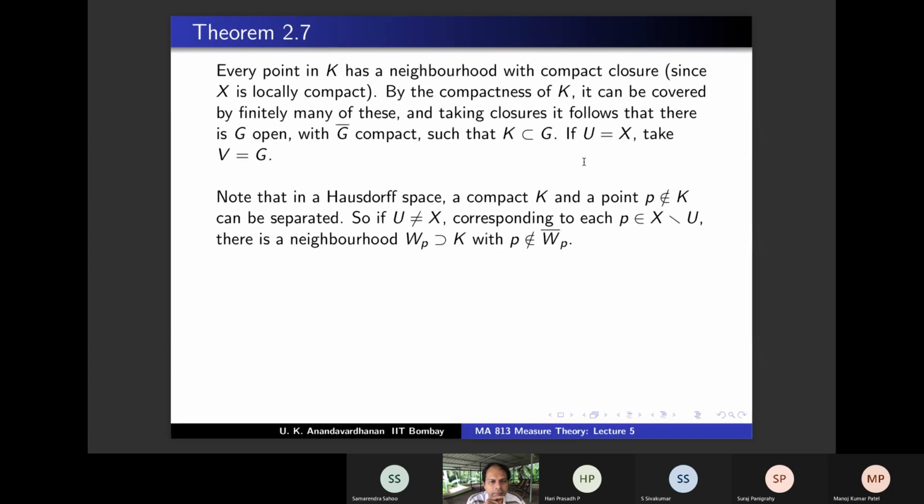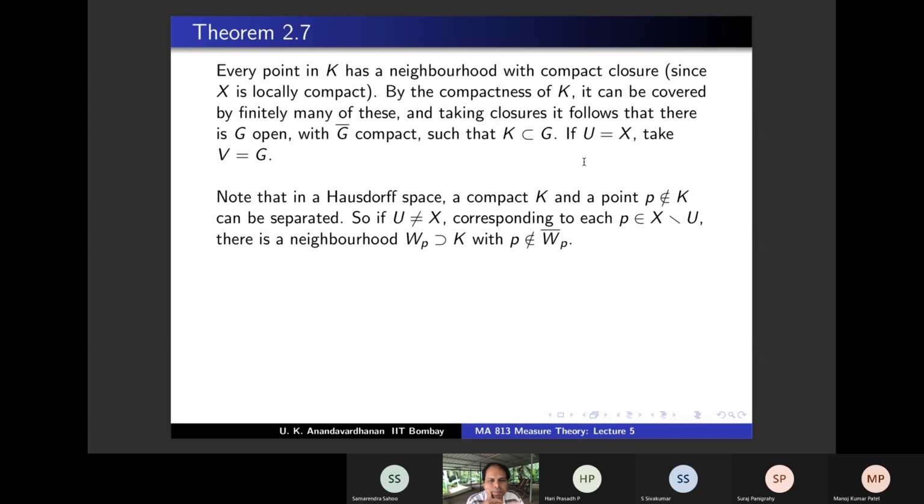Why is that? Corresponding to each point outside U, there is a neighborhood containing K whose closure does not have P.